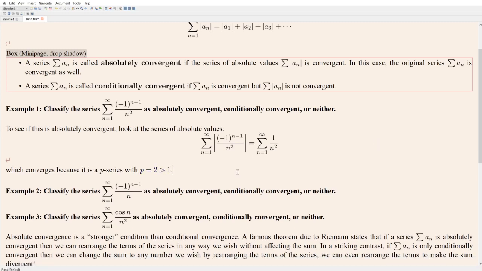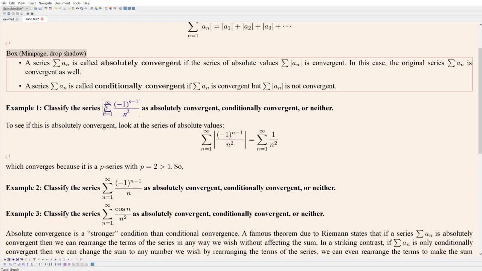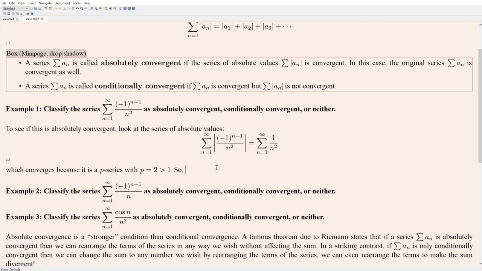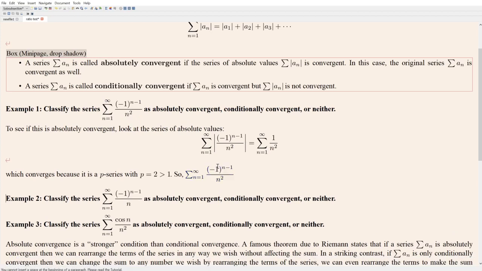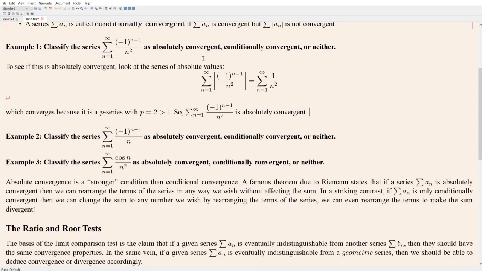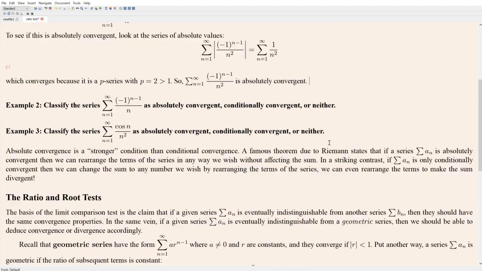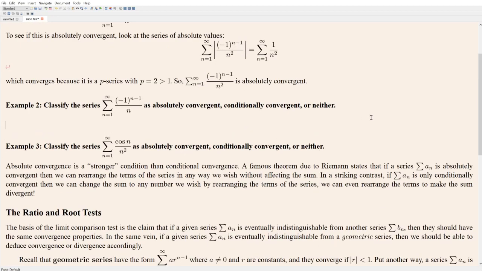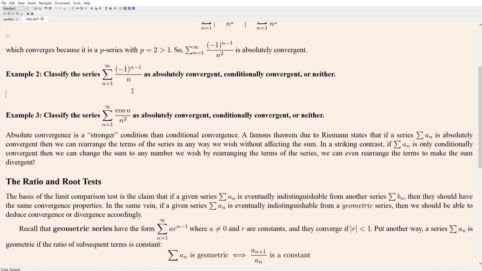So, because of that, we conclude that the original series is absolutely convergent. Okay. So yeah, taking the absolute values just kills the alternator. Well, similar thing's going to happen here.